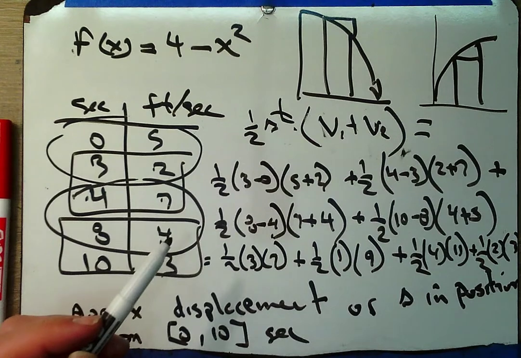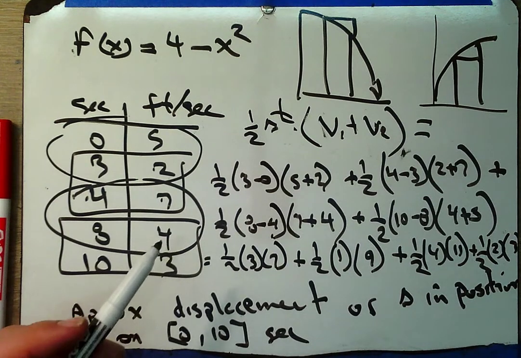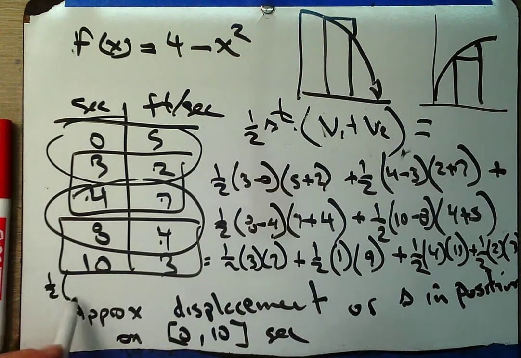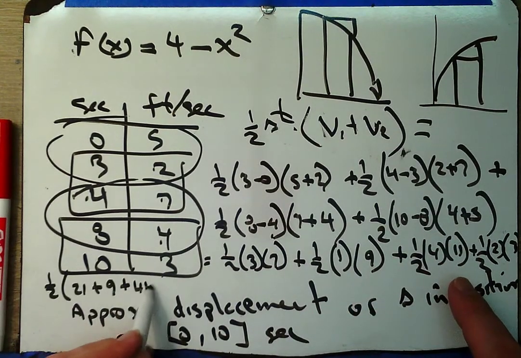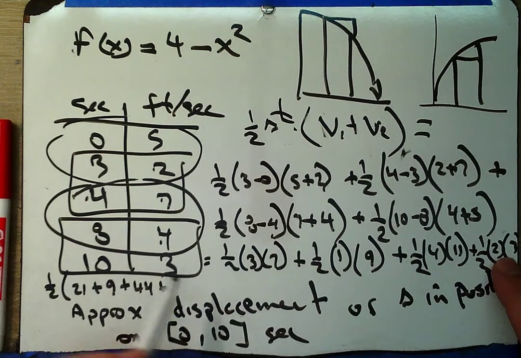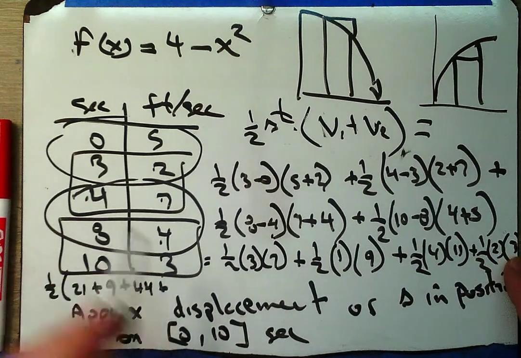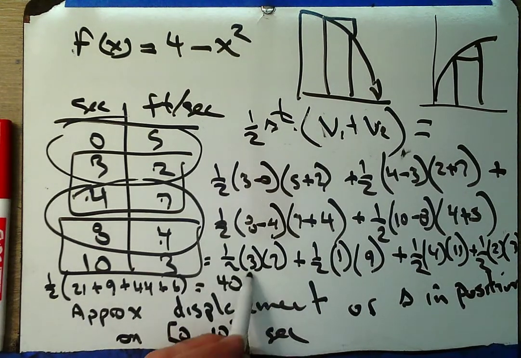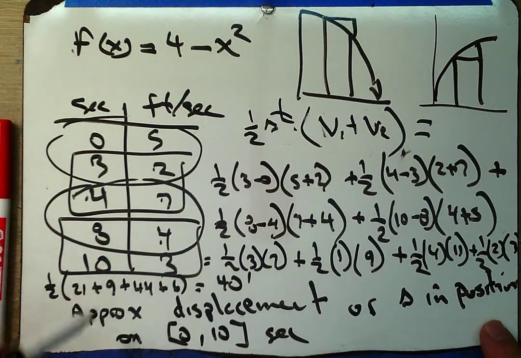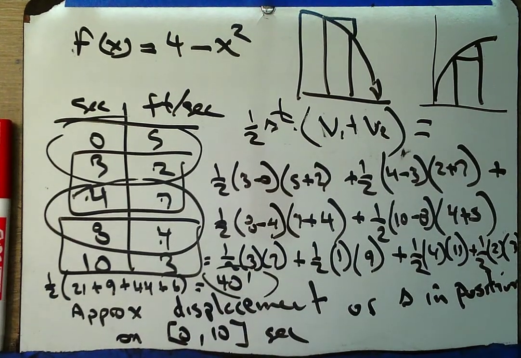So for the purposes of sanity, I've got 21 plus 9 plus 44 plus, that was 2 times 7, 14. So 50, 60, 80 divided by 2 is 40 feet. My approximation is 40 feet. The approximate displacement, the change in position on 0 to 10, is 40 feet.